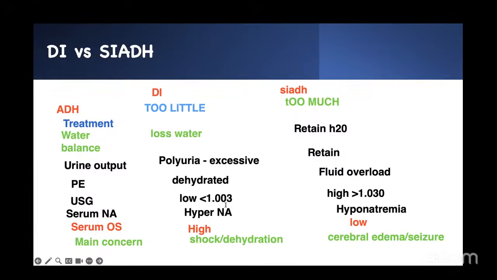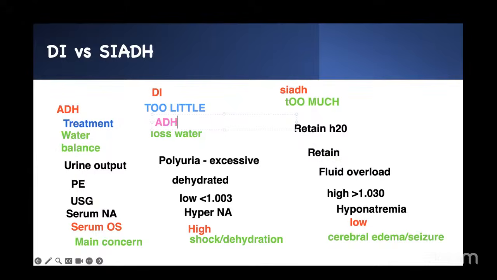Therefore, whenever they give you a question and ask how do you treat the patient? Pharmacology, give them what they need. A DI patient, what do they need? They need ADH. So we give them ADH, and then rehydrate them.